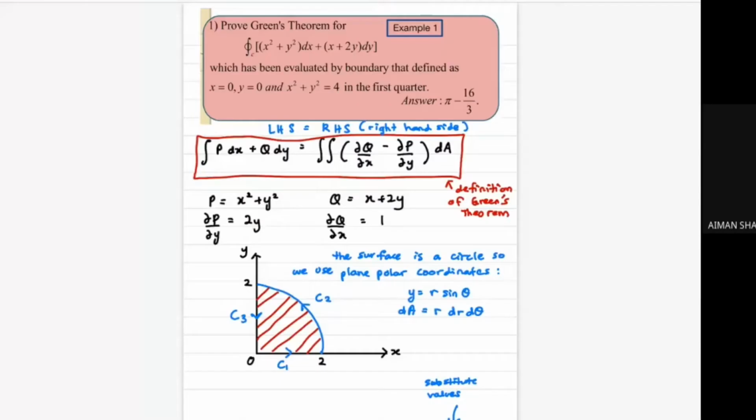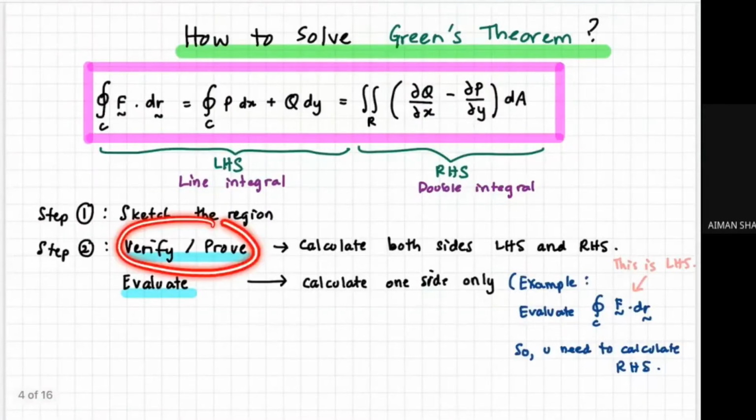Example 1: prove Green's theorem for the integral of (x squared plus y squared) dx plus (x plus 2y) dy. You can see the keyword here is prove. Prove Green's theorem. Prove or verify means you have to calculate both sides, left hand side and also right hand side.